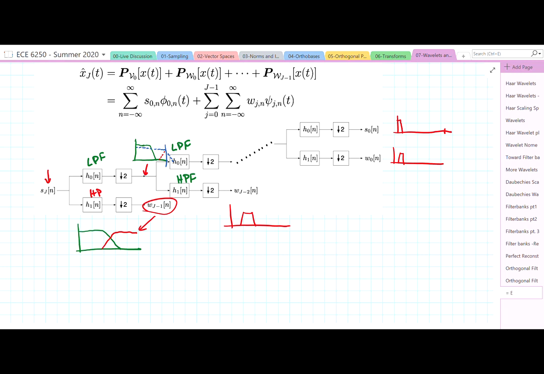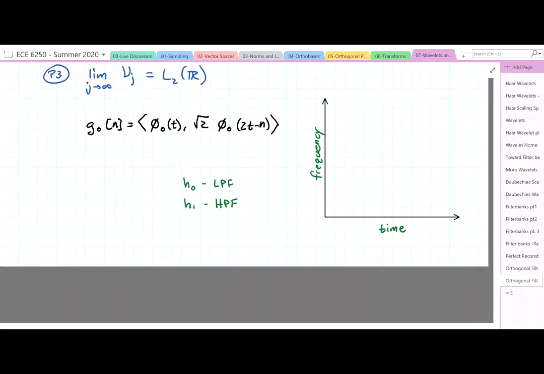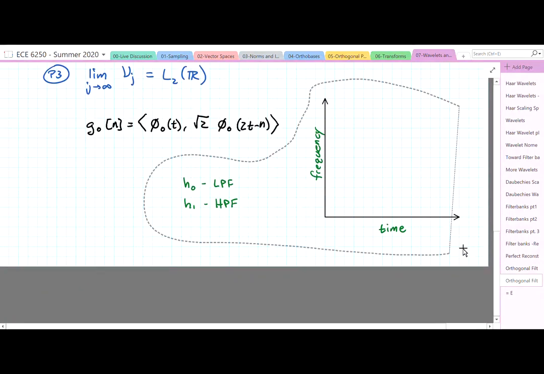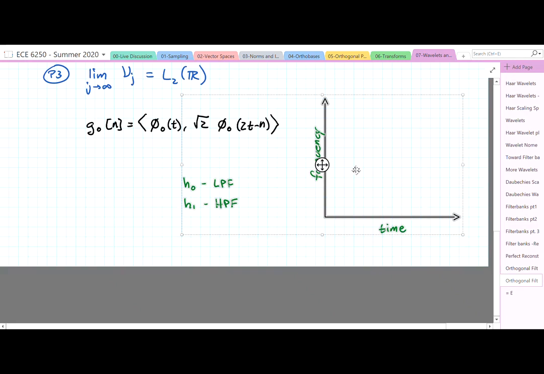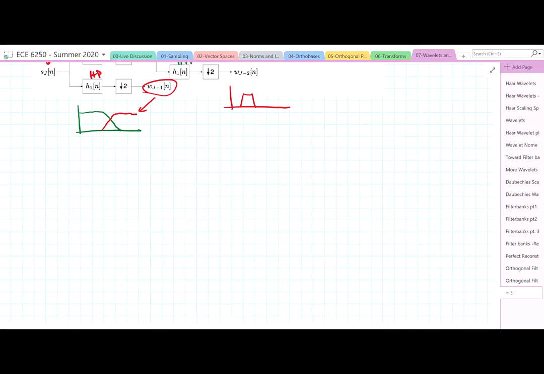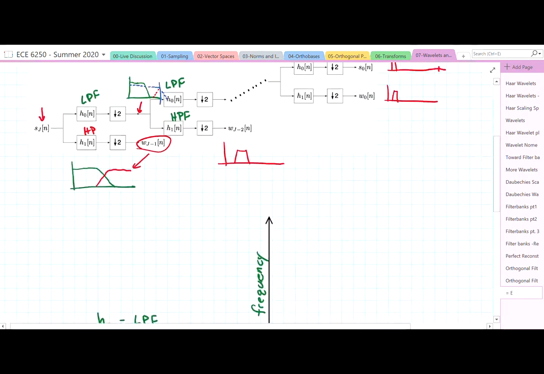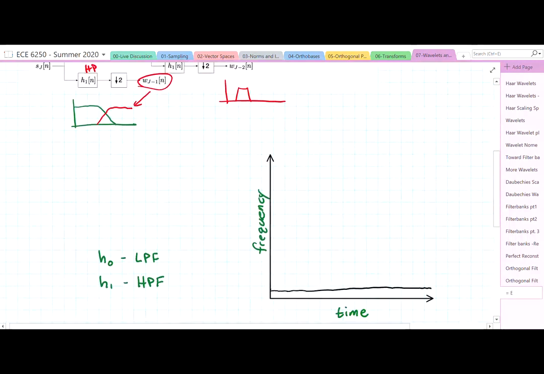So now if we come back to this drawing, you can see that our spectrum is broken down like this. We will have a very low pass signal represented by our S naught.